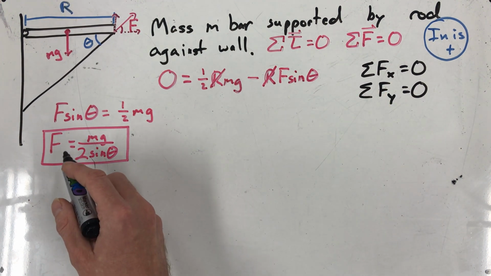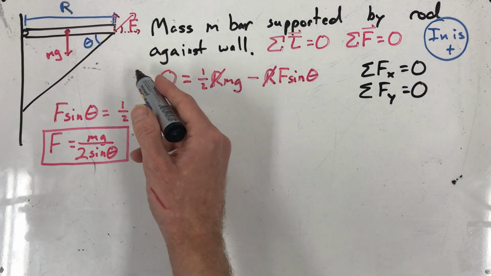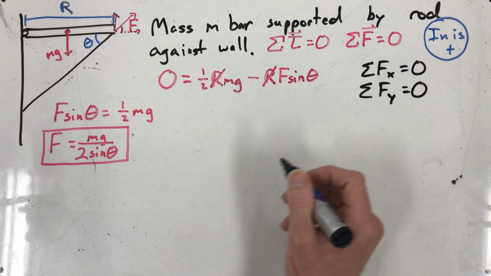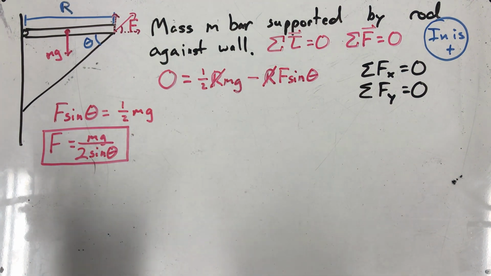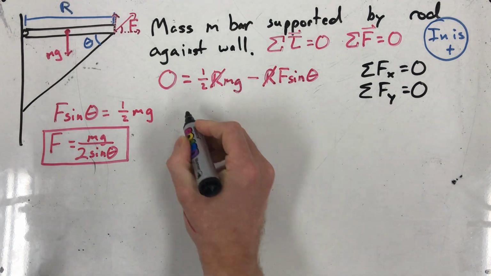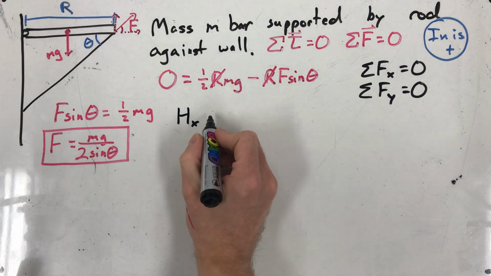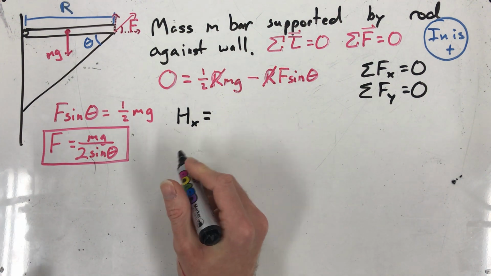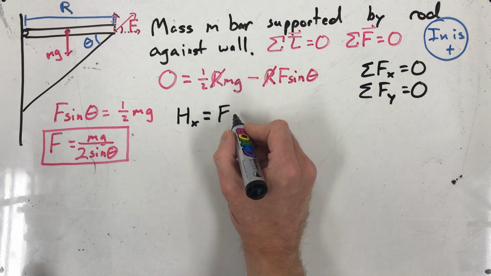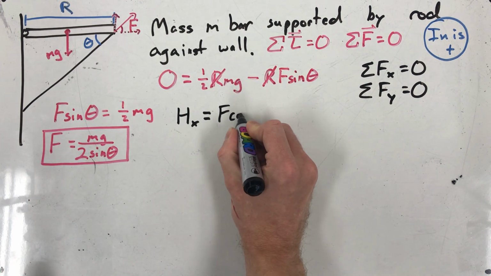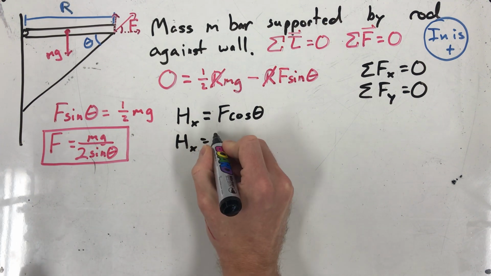So the x component of this force would be whatever that is times the cosine of theta. So what that tells me is that the x component of the force from the hinge, I'm just going to write that as hinge x component, it's going to have to be equal to F, this is F, times the cosine of theta. And I know what F is.